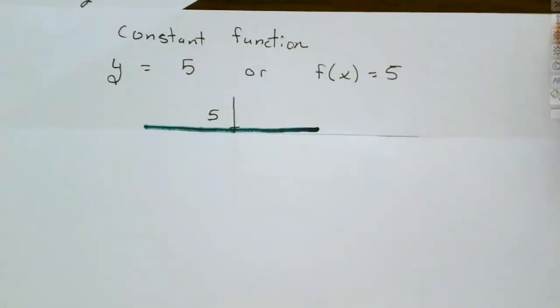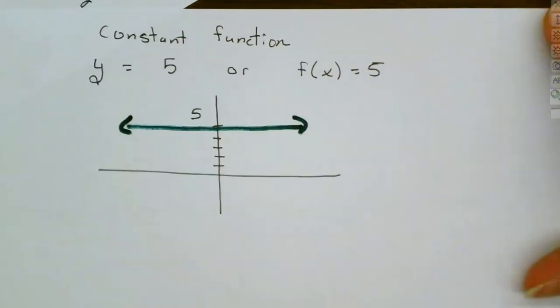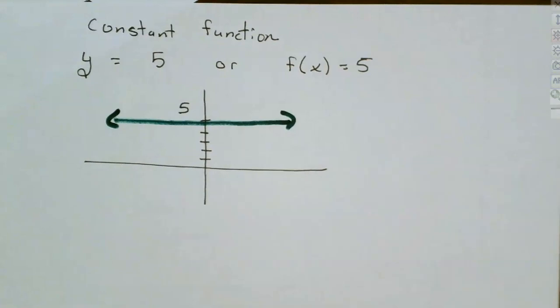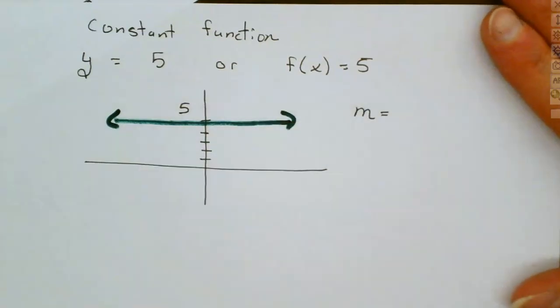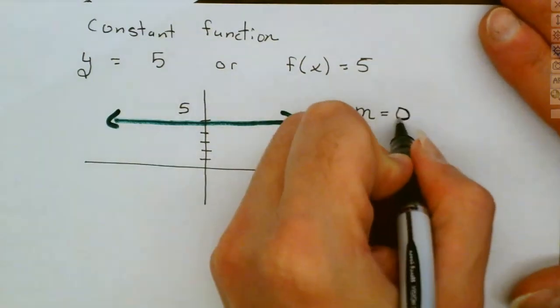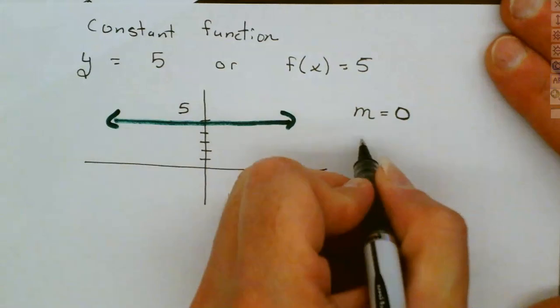Just like that. And we can still get our domain, and we can get our range, and the slope as well. What would my slope be? Does anyone know? 0. Right? Why is it 0? Because it's a horizontal line. So it's 0. What about your domain?